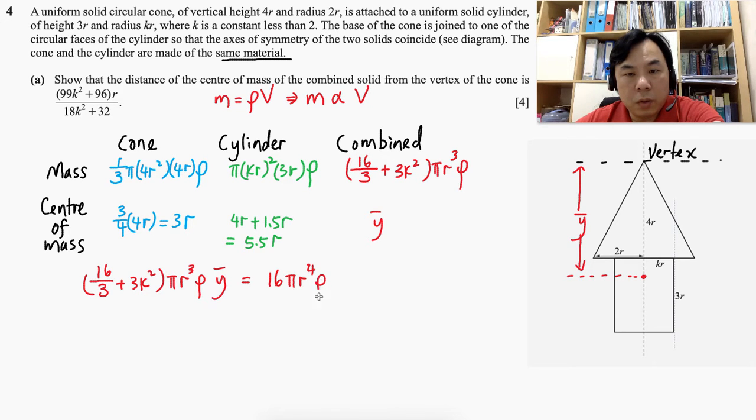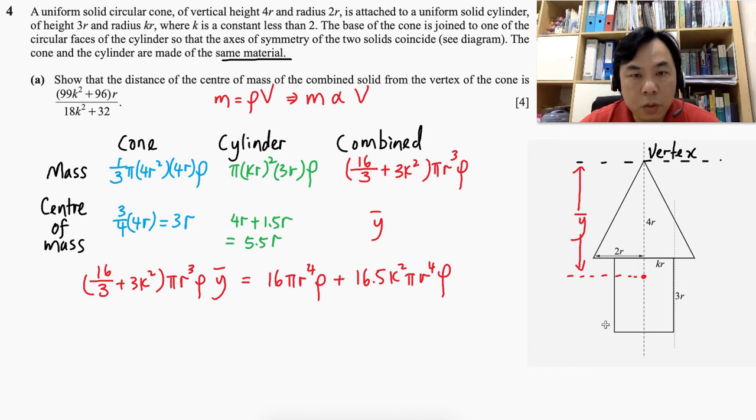Okay, and then you have the density, and then after that here you have like 16.5 k square pi r4 density. This is 234 k square. Yep, correct, right?